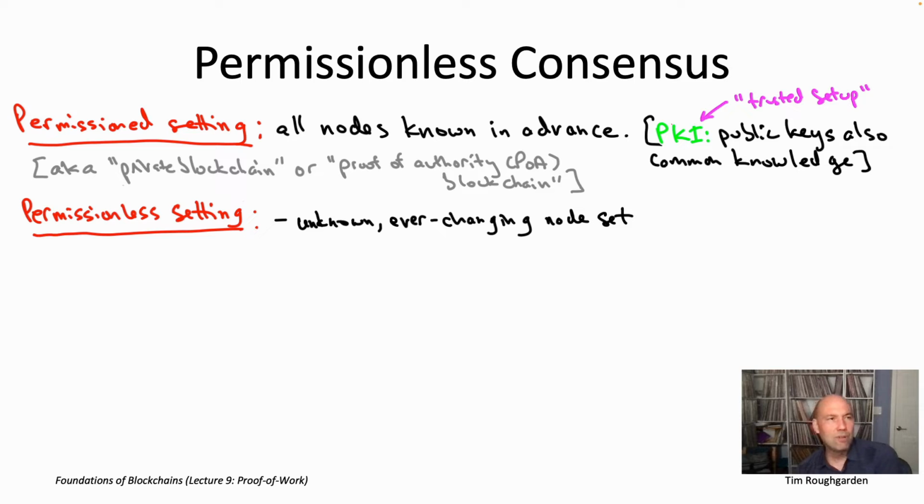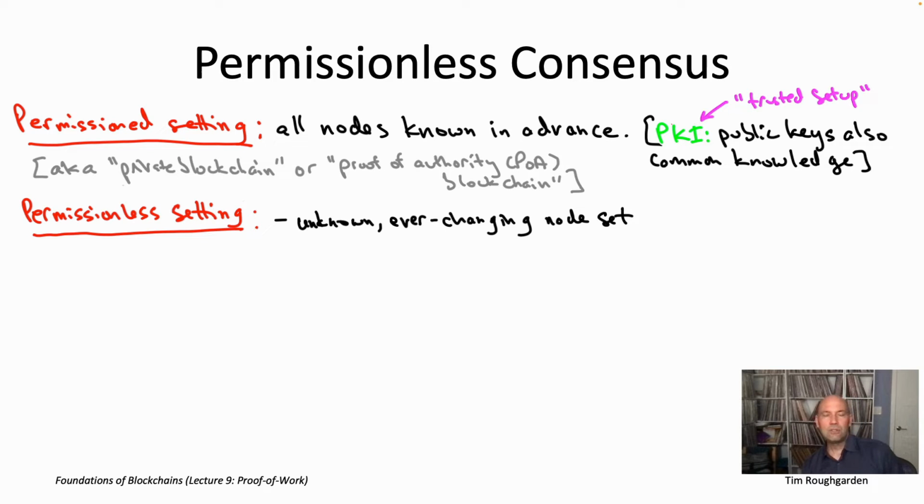Second, if nodes aren't even aware of which other nodes are running the protocol, point-to-point communication doesn't really make sense. So we're going to be thinking about nodes communicating with each other and clients communicating with nodes through gossip protocols, if you want to think about it that way, or broadcast channels, if you like.